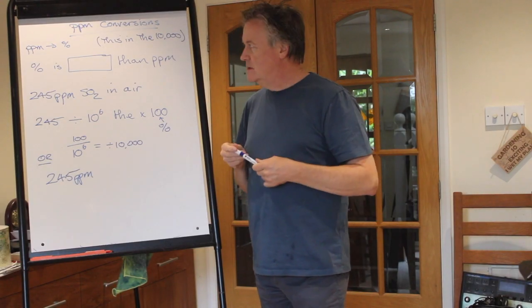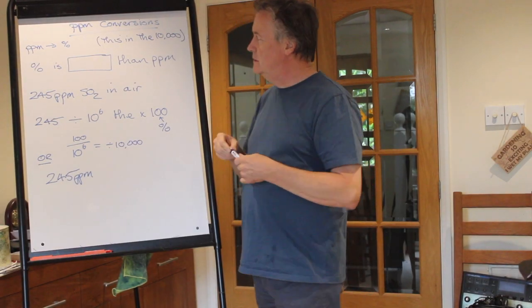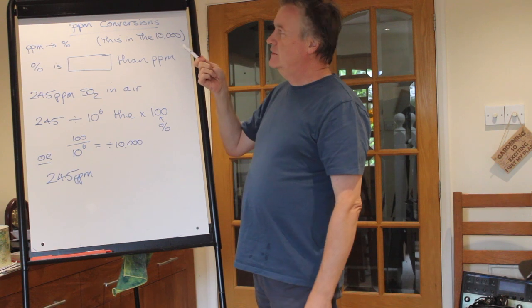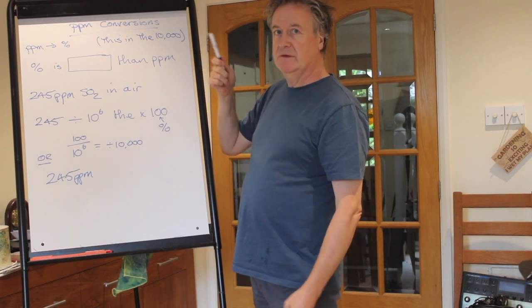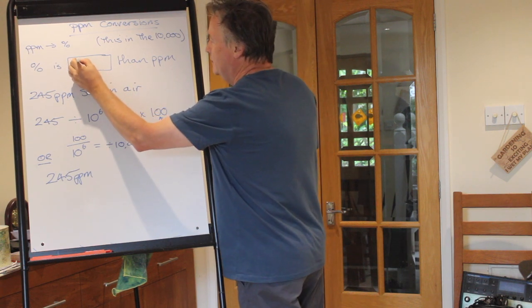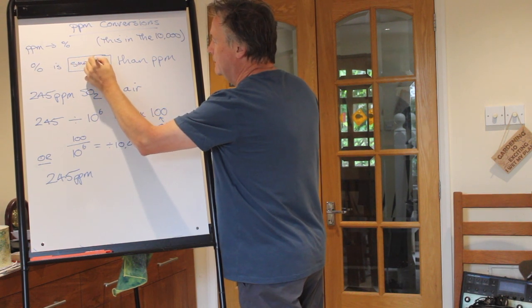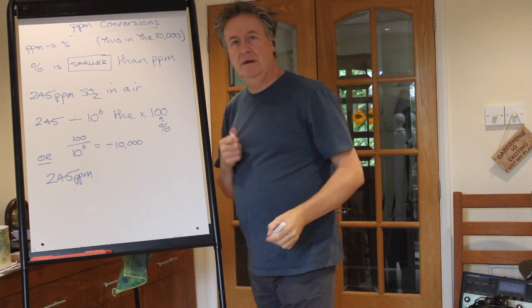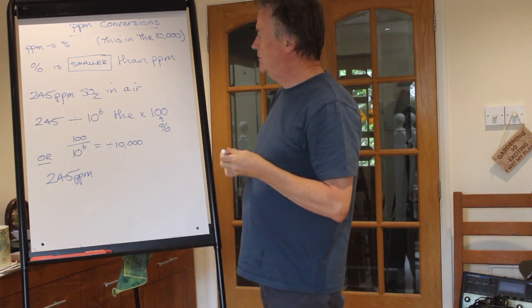So the percentage concentration conversion, this is the 10,000 thing that some people remember. So the percentage will always be a smaller number than the parts per million.